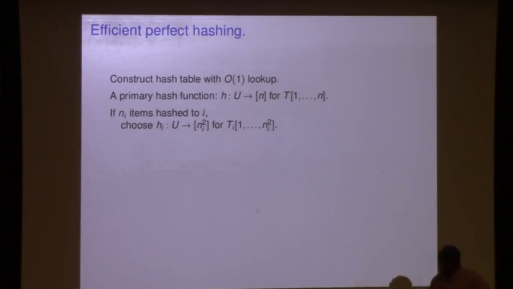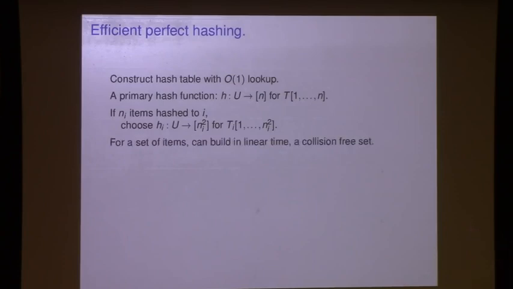Okay, so now what I'm going to do is if I have some bucket that had 10 items in it, I'm going to allocate 10 squared space to it and do a subhash to that. Okay, and so that's what this is saying in notation. For a set of items, we can build in linear time a collision-free set. All we need to do is we pick a random hash function the first time, and if it's really bad, we throw it out, but it's not really bad.